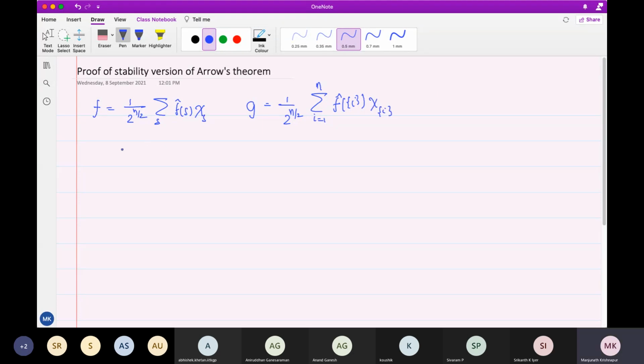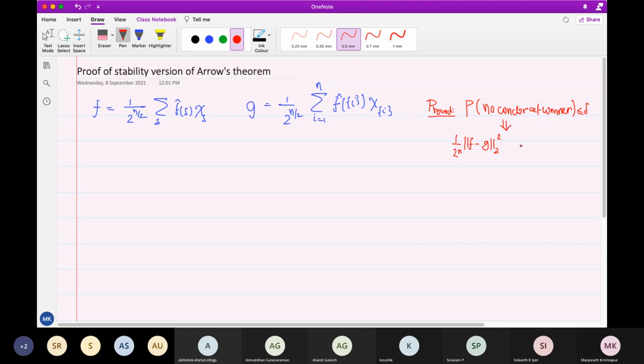Okay, and we have seen, we know, using F, this implies that some constant times delta.